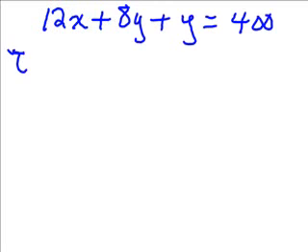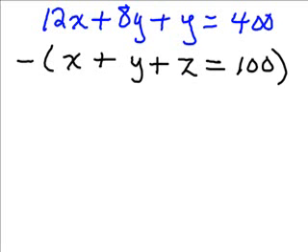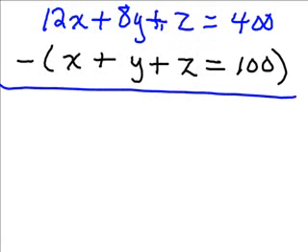And then again, I'll subtract out the first equation to eliminate the z's. Okay, I just see that I made a little mistake up there. That should be a z, excuse me, plus z.